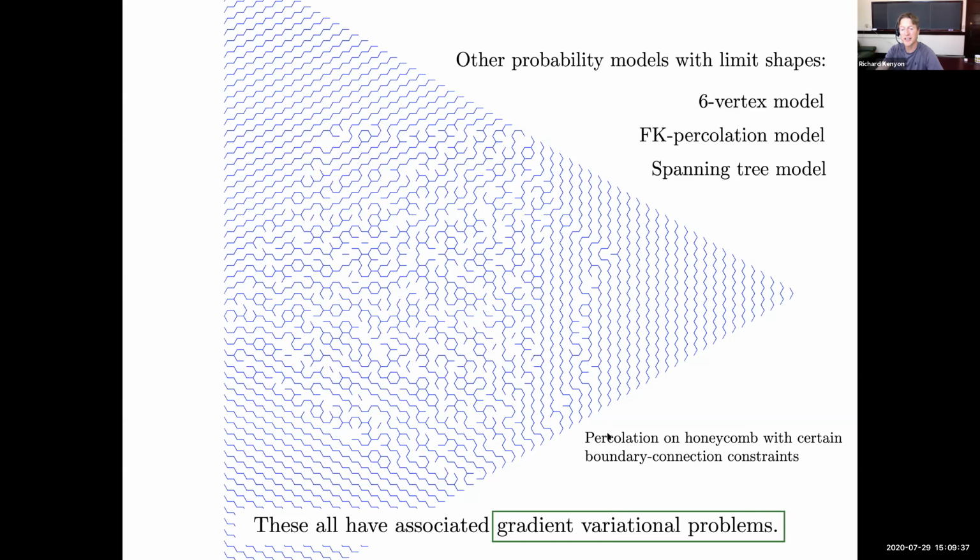So points here are connected there, points here are connected across there, points here are connected across there. And there's one point right in the middle which has a triple connection, if you look carefully. This component here is connected to exactly 3 boundary components. Other than those constraints, it's a uniform edge percolation on the honeycomb grid.